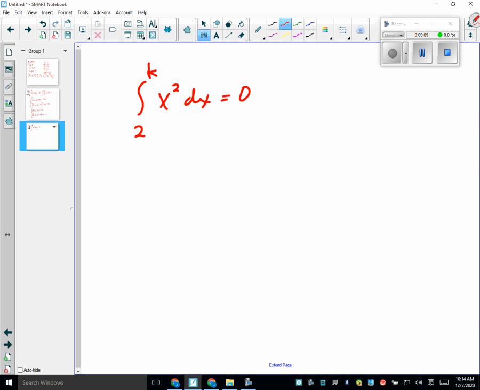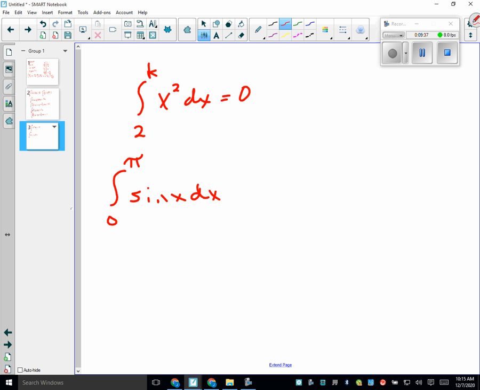I want to find the value of this. I want 4 divisions, and I want to find what's called the trapezoidal approximation. Not the trapezoid rule, the trapezoidal approximation.